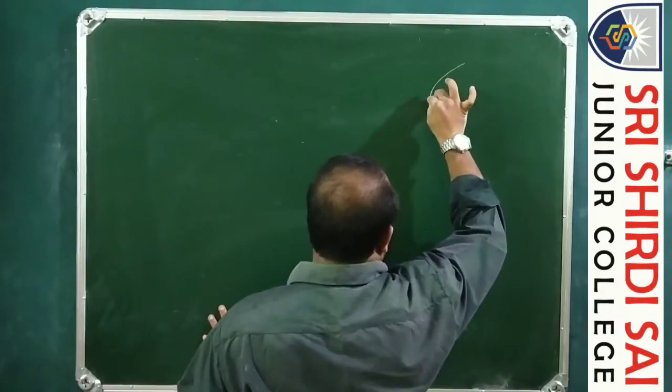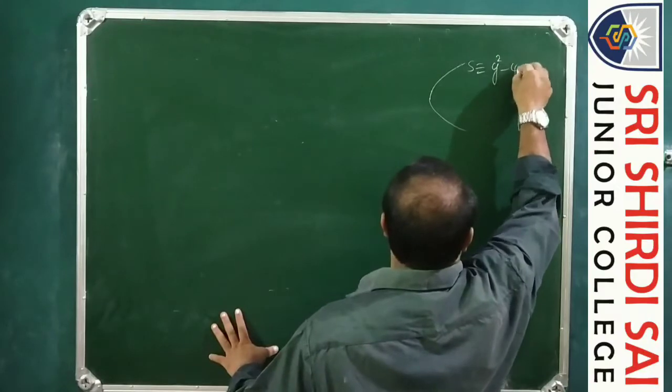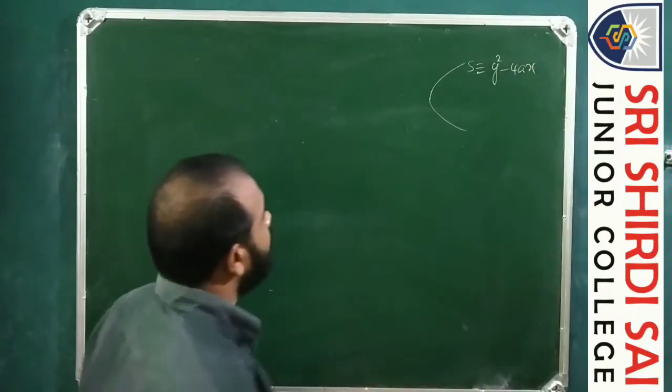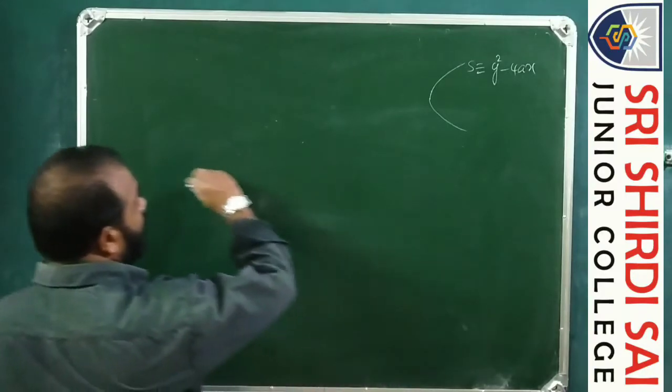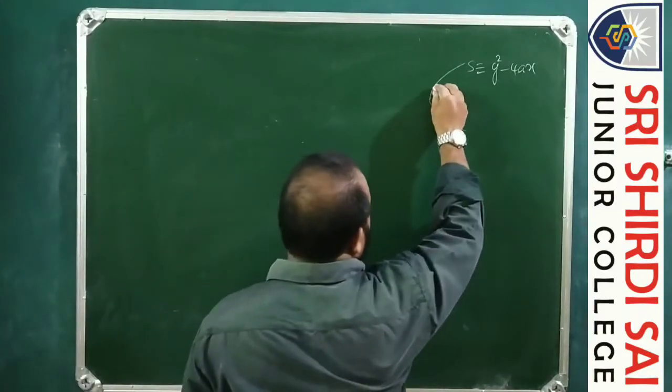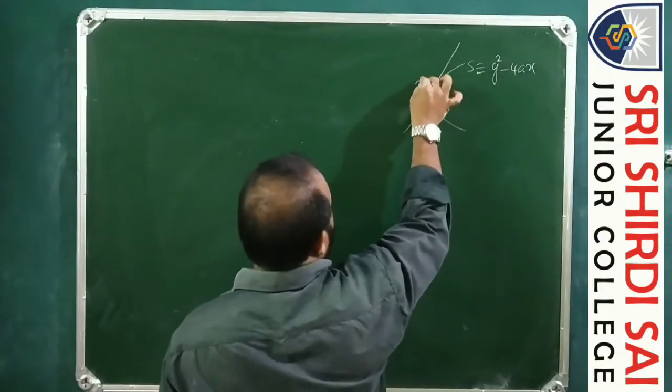Let this be the parabola S, y square minus 4ax. Here, and this is the point P x1 y1.